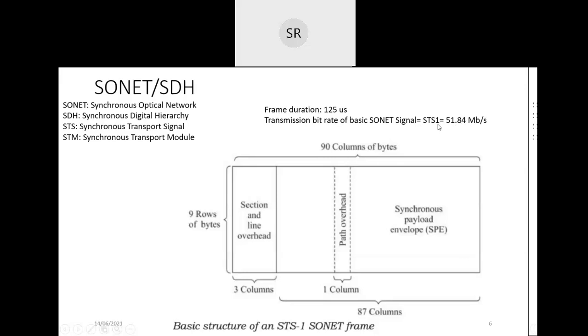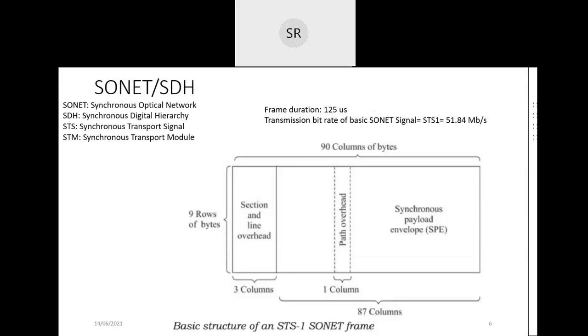Suppose STS-2 is there, so 2 times 51.84; if STS-3 is there, likewise. The bit rate for these frames depends upon the number of signals used to modulate the optical source. That's why, in terms of logic, we say STS-N signal.